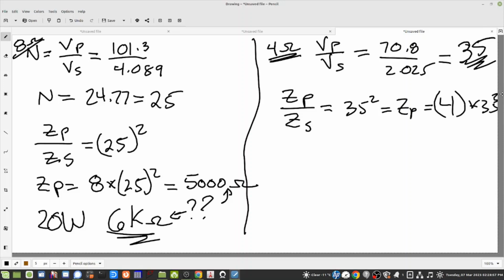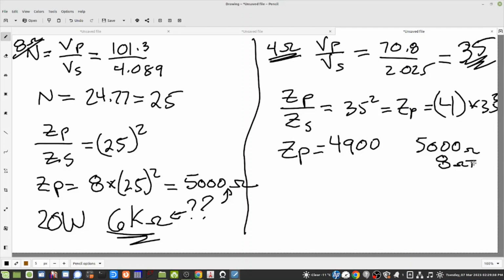Kind of ran off the edge there. Looks like a 33, but it's a 35 squared. Don't let it fool you. 35 squared, enter, 4 times. So we get a primary impedance of 4,900 ohms, which is darn close to the 5,000 ohms of the 8 ohm tap.